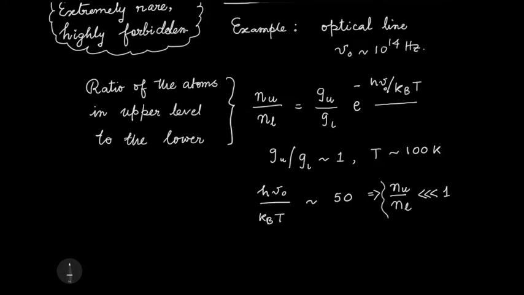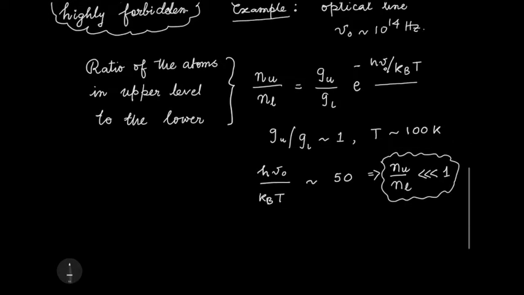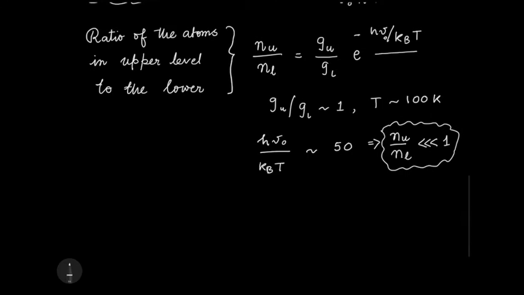So which essentially we always say that there are always fewer atoms in the upper energy state compared to the ground state. So that is what is, if you just leave them in thermal equilibrium, this is always the case. Okay, so this is one example that we talked about. So let's talk about another example, which is the example of the H1 line.